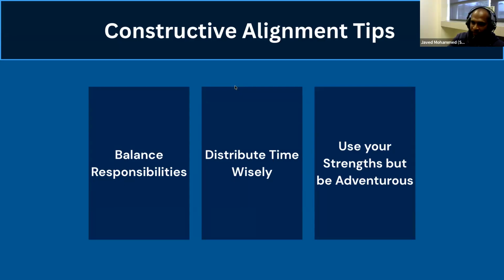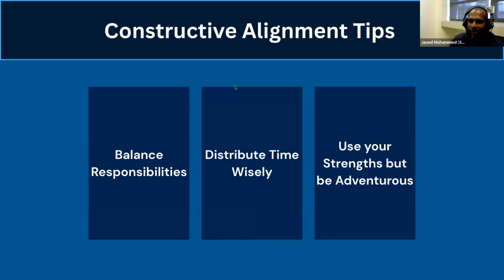And in balancing those responsibilities, think about the time that you, the teacher or facilitator, and the students would spend achieving those learning outcomes, working on those assessments, and taking part in those instructional strategies. Make sure it is realistic.